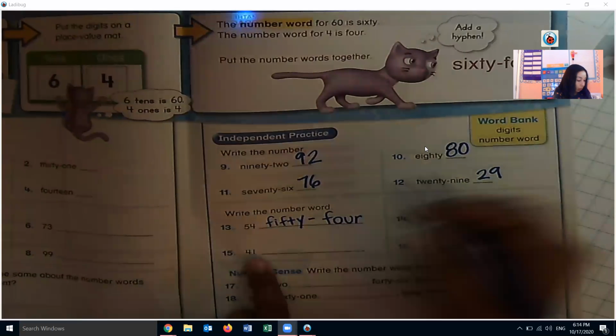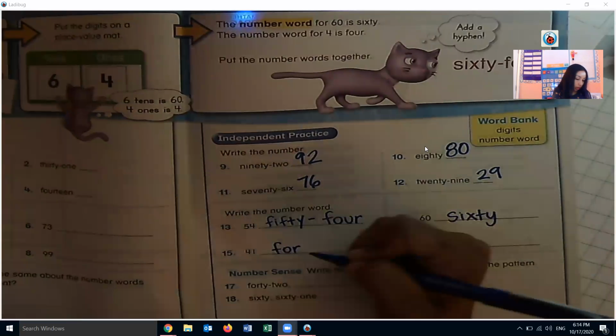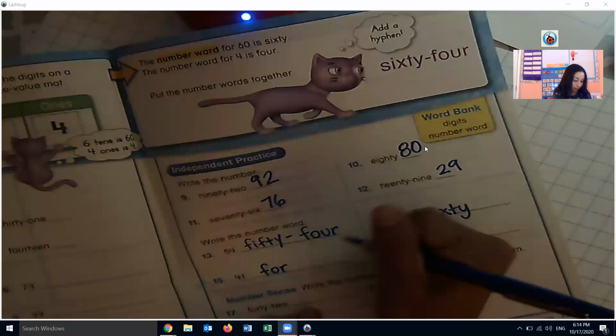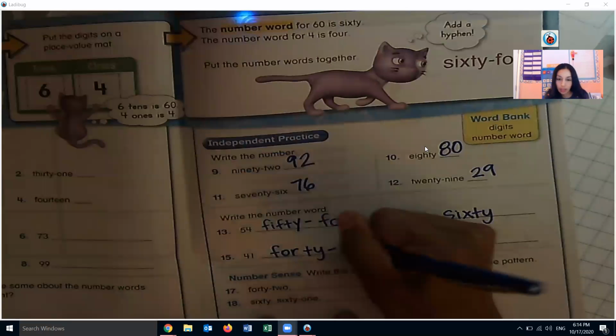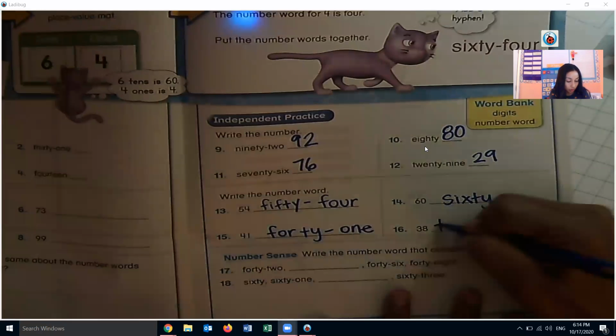This is 41. Oh, you know what? Let me double check. No. Oh, yeah. 40. Yeah. 1. I get a little tricked because the number 4 has the letter U in it, but when it goes to 40, it just says F-O-R. Okay. Number 16, 38. 38.